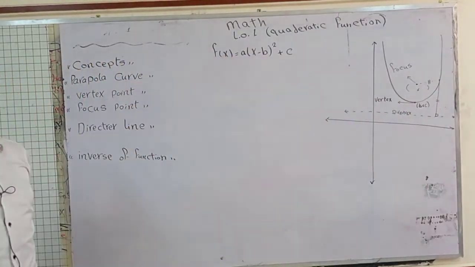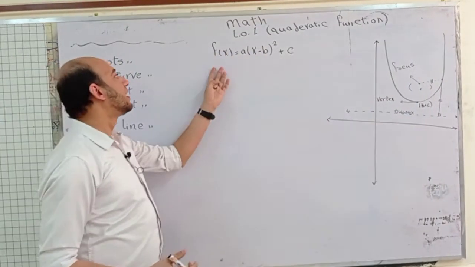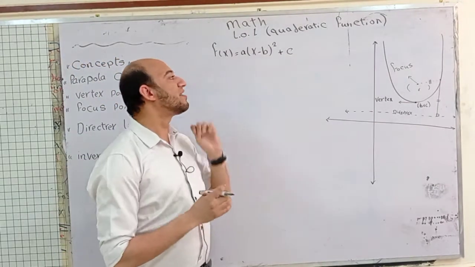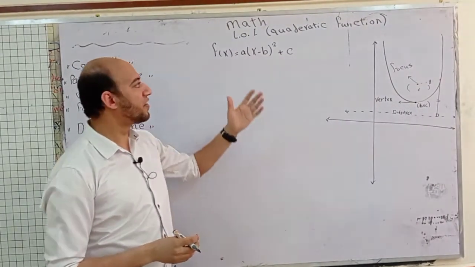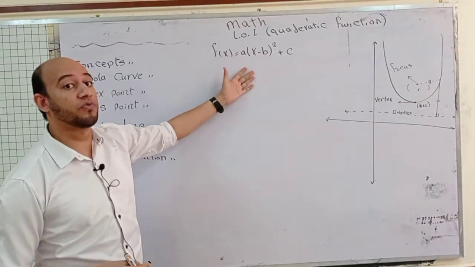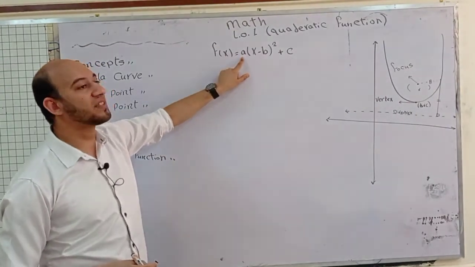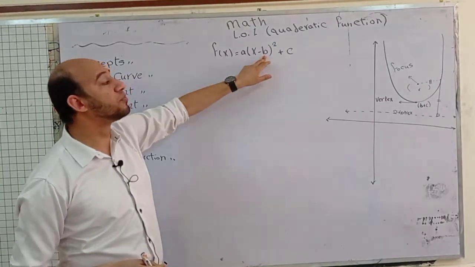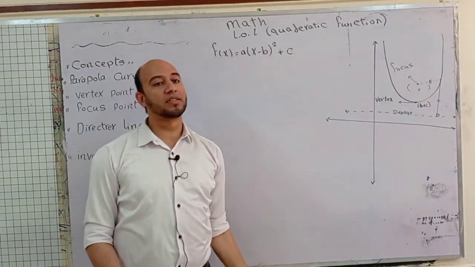Suppose that we have the function in the vertex form. This is the quadratic function in the vertex form. This is the coefficient a, this is the coefficient b, and this is the constant c.